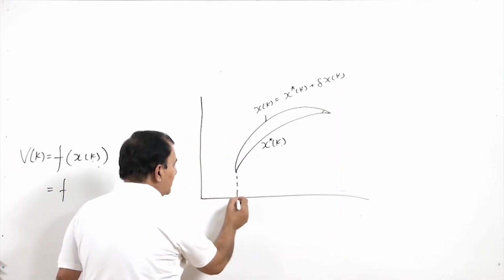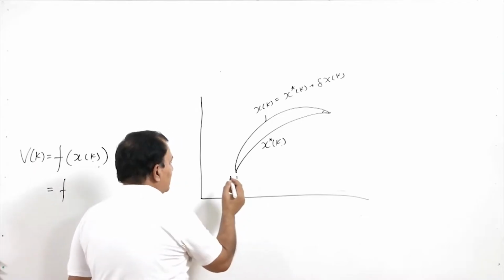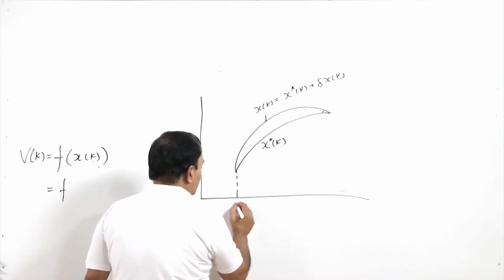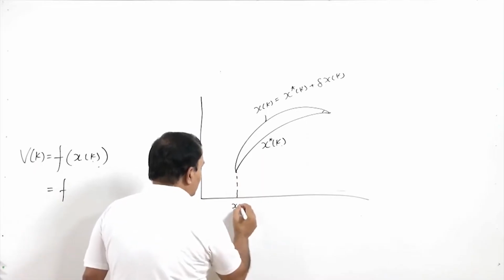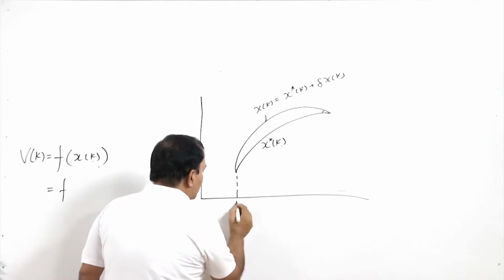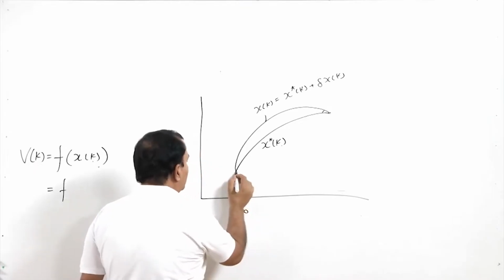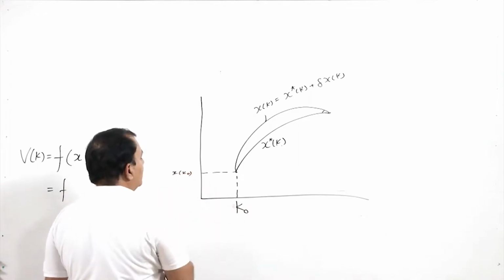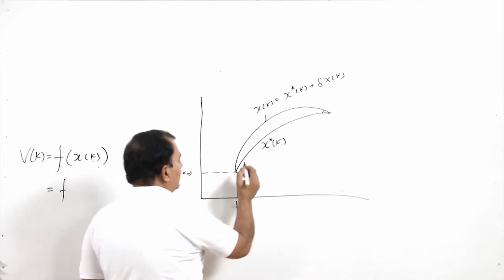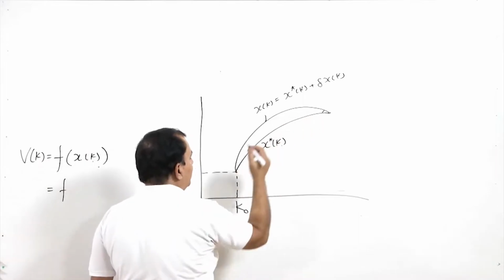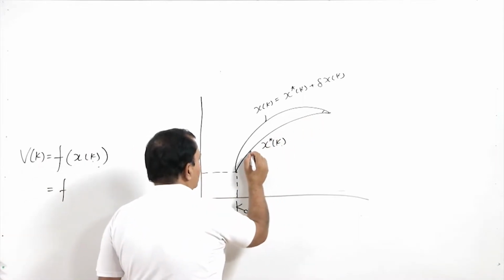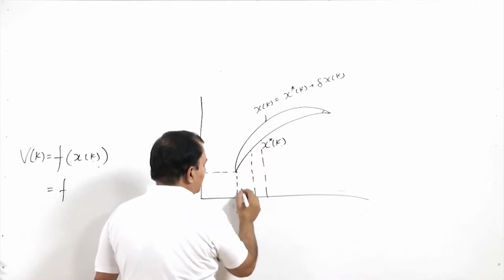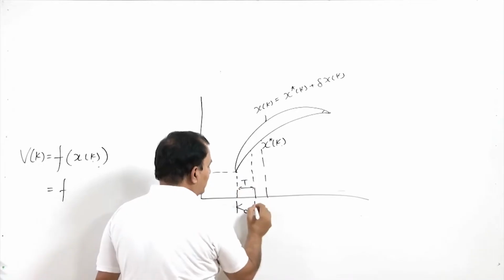What is the k? Let this instant be k0. So, this is defined as x of k0, which is normally defined, and here we have considered t is constant.